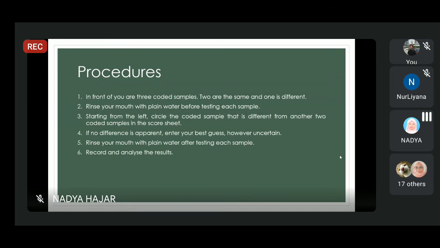Kalau you rasa tak ada berbeza pun antara 3 tu, sama je, bulat je lah mana yang you rasa berbeza antara ketiga-tiga sampel tersebut. Rinse your mouth with plain water after testing each sample. So it is very important to rinse your mouth before and after testing each sample, and you need to record and analyze the results.